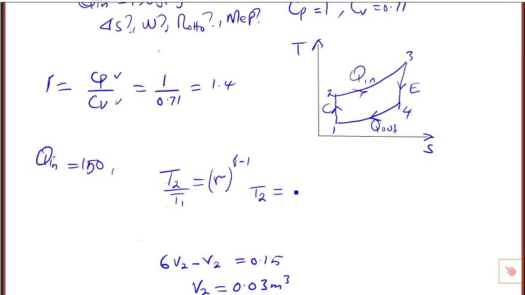T2 is equal to T1, which we are given as 333 Kelvin, multiplied by R, which is 6, raised to the power gamma minus 1, where gamma is 1.4, so 1.4 minus 1. If you simplify that, you will get T2 to be approximately 681.87 Kelvin.